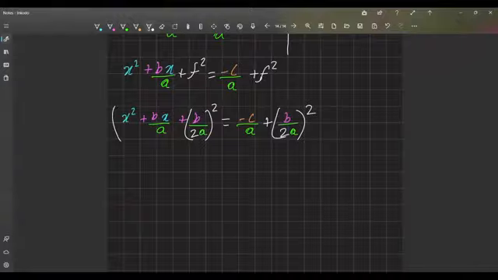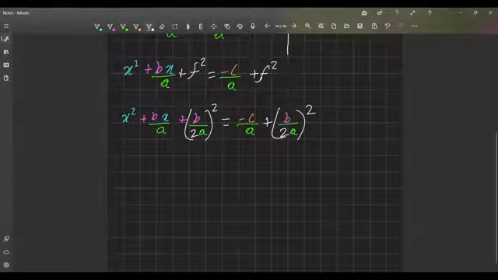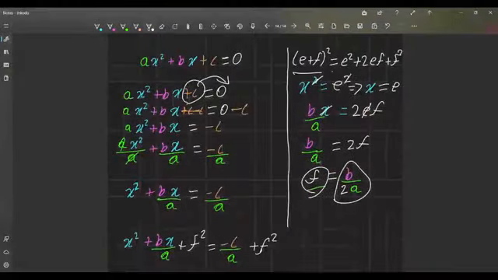Okay, next I'll just compress it into the form that we can see here.